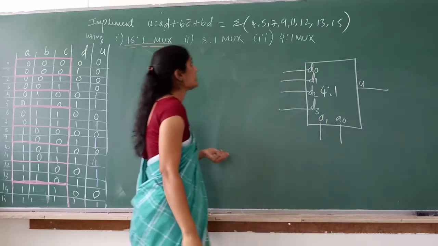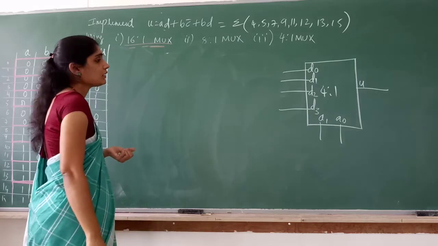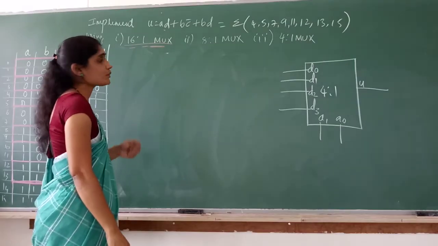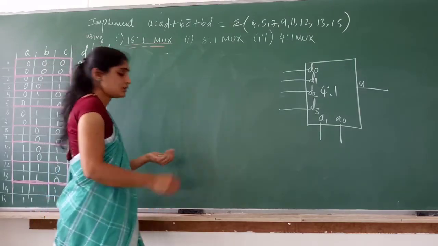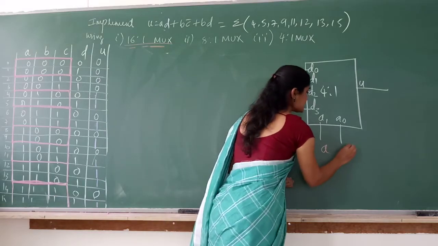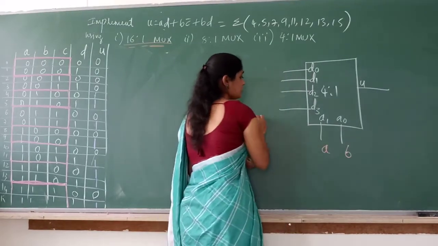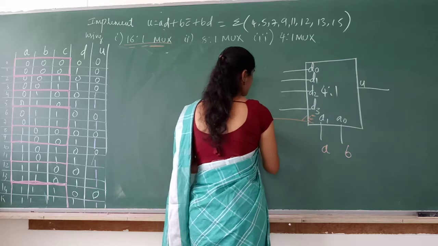Which two variables are taken as select inputs here? Again, nothing is mentioned, so take the first two variables as select inputs, A, B. Connect the enable input to ground.